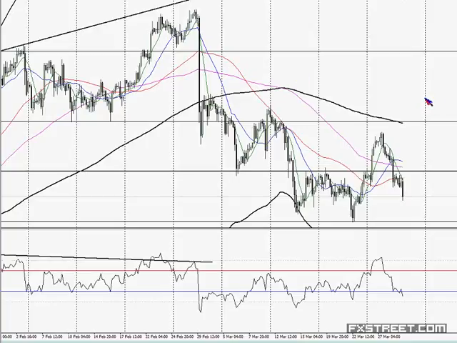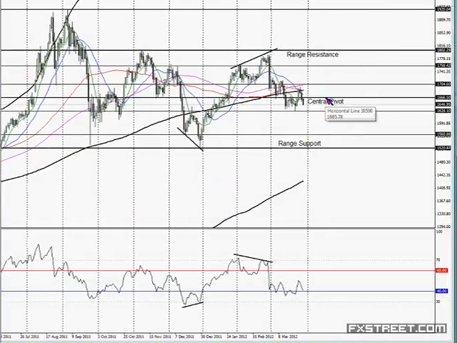I used this term several times today, central pivot. That's pretty much the middle of this range. You have range resistance up here around 1800, range support here around 1521, and the middle pivot.